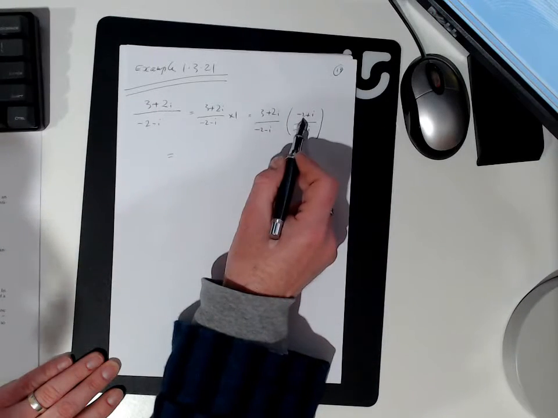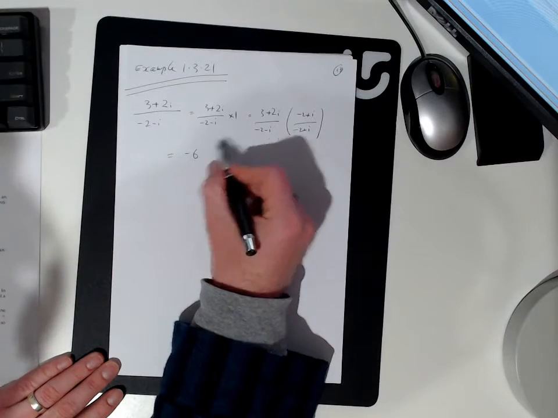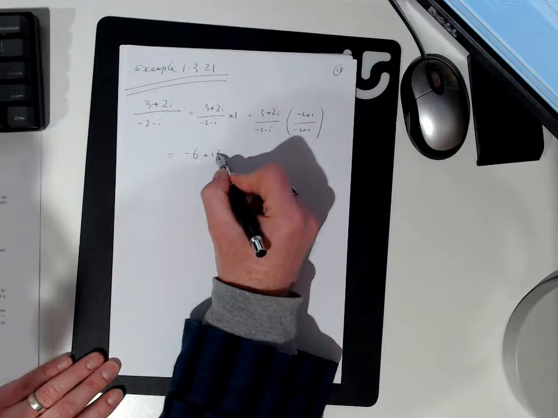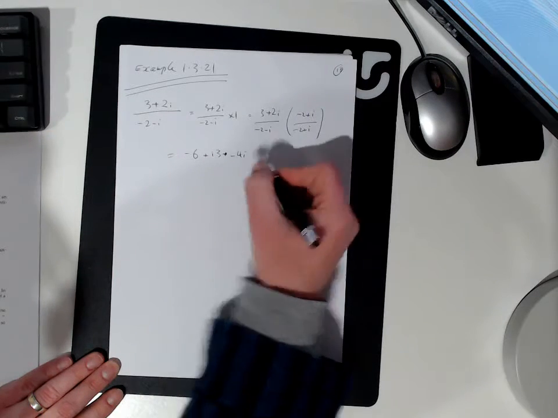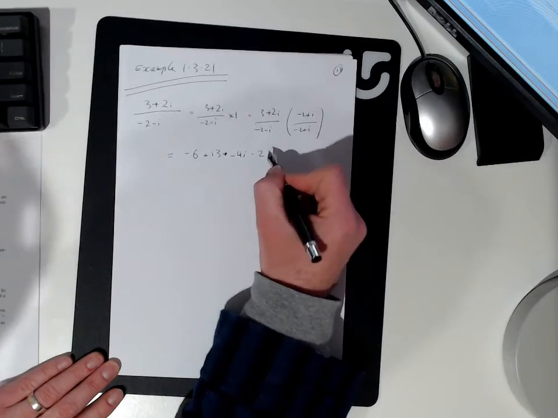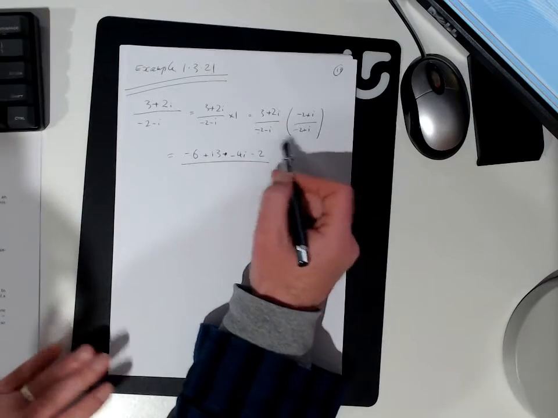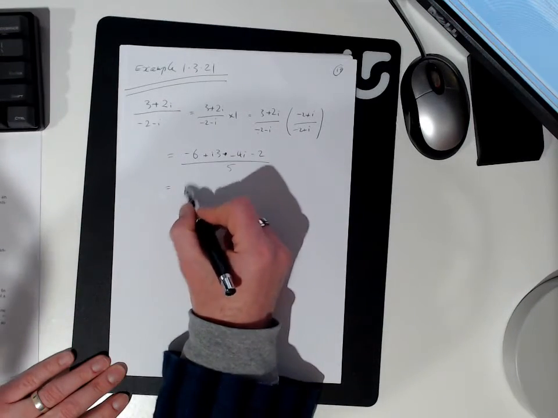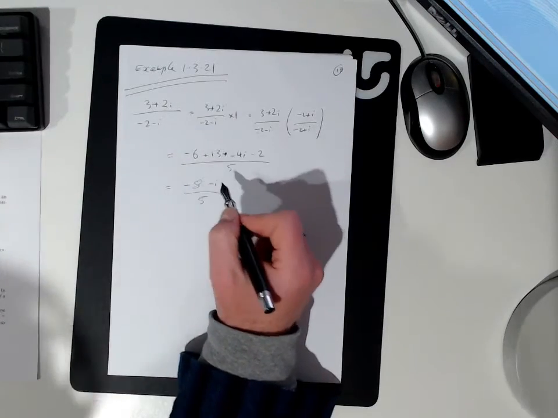So 3 times -2 is -6, and we have 3 times i, plus we get -4i, and then we get -2. Over, and these are complex conjugates multiplied by each other, so that is 5. So this is (-8 - i) over 5. Easy.